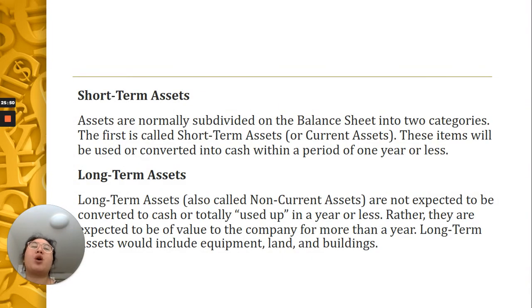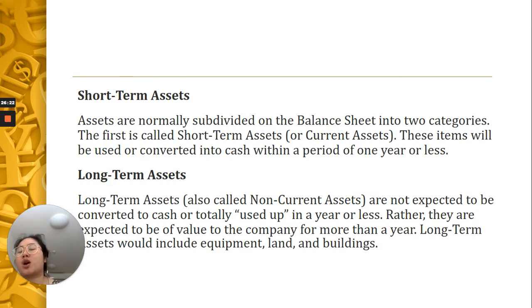Let's talk more about assets. They divide into two: short-term assets and long-term assets. Assets are normally subdivided on the balance sheet into two categories. The first one is short-term assets, or current assets. You can call it current assets or short-term assets. These items will be used or converted into cash within a period of one year or less.